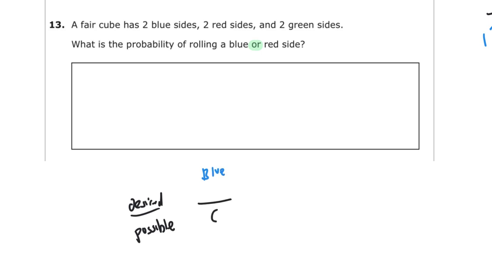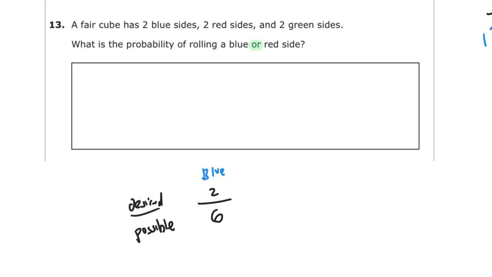So when it comes to the probability of rolling a blue side up, you could think of that as definitely 6 possibilities on the bottom, but how many possibilities should there be in the numerator? How many ways can blue land face up? Since there are 2 blue sides, that's going to be 2.